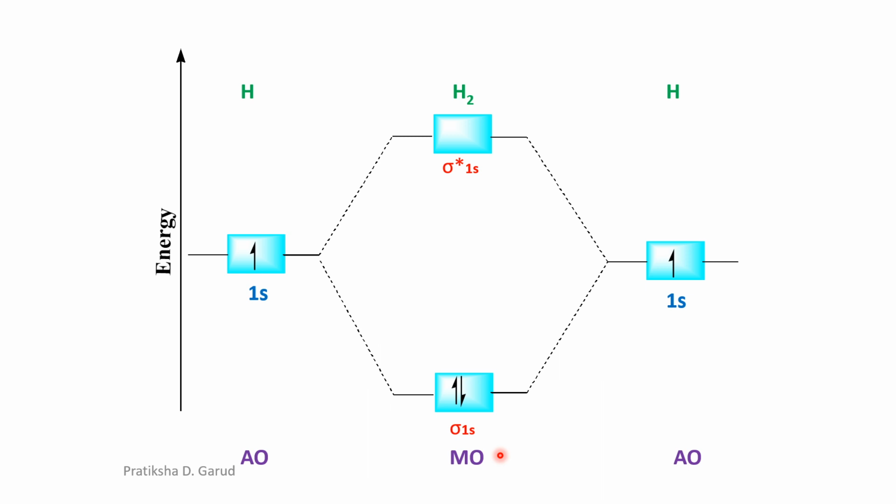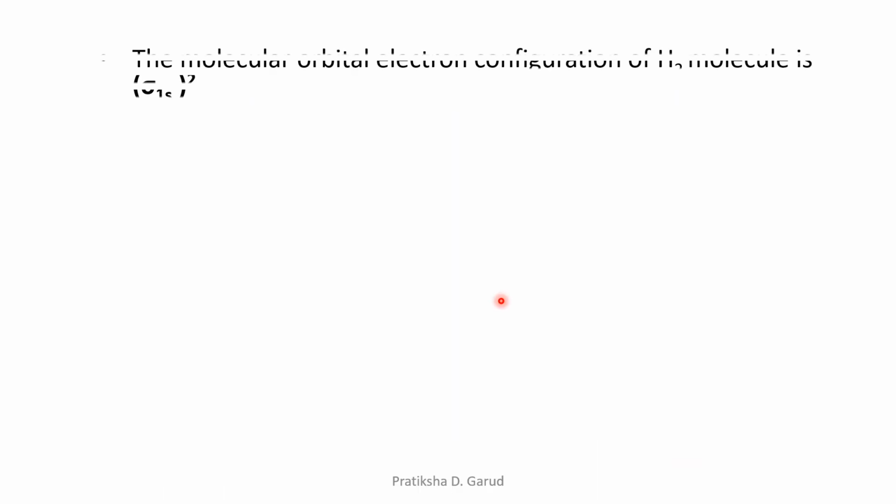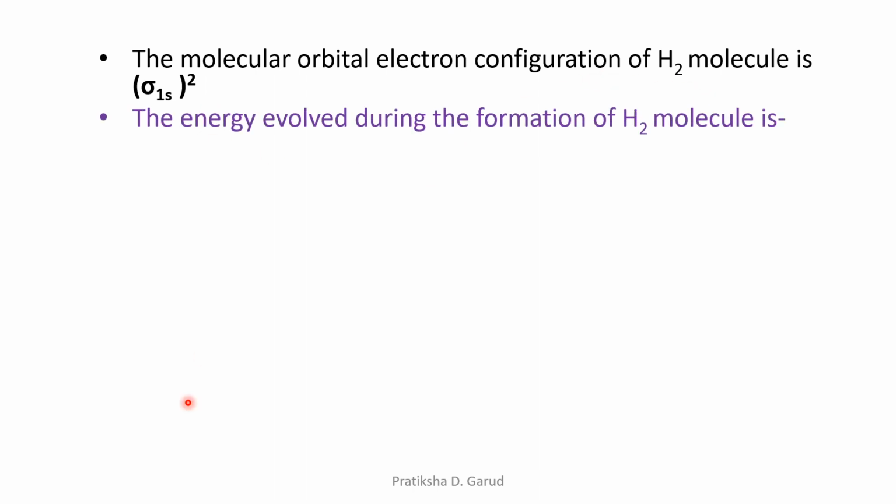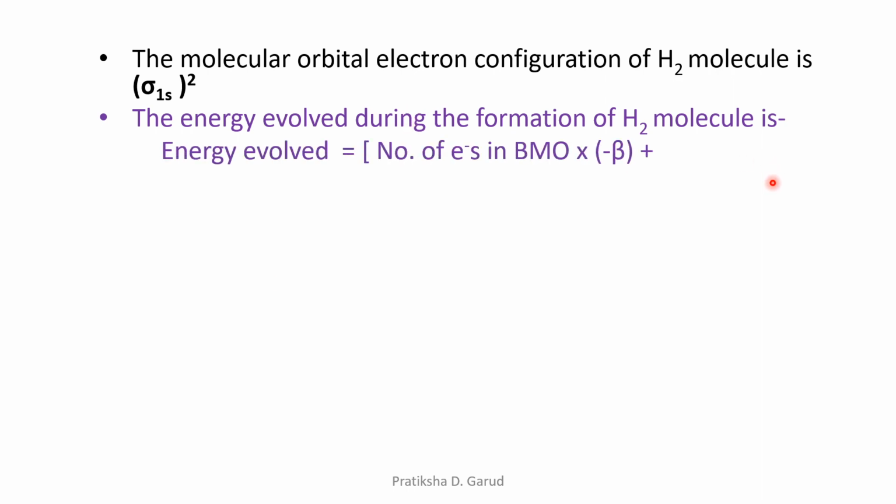What will be the electronic configuration? It will be sigma 1s 2 and sigma asterisk 1s 0. So the molecular orbital electronic configuration of the H2 molecule is sigma 1s 2. Then the energy evolved during the formation of the H2 molecule is given by the formula: energy evolved equals number of electrons in BMO into minus beta plus number of electrons in ABMO into plus beta.